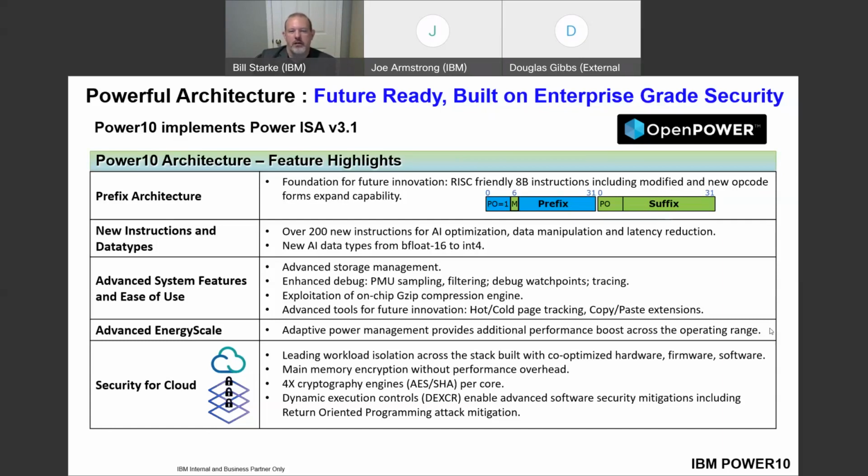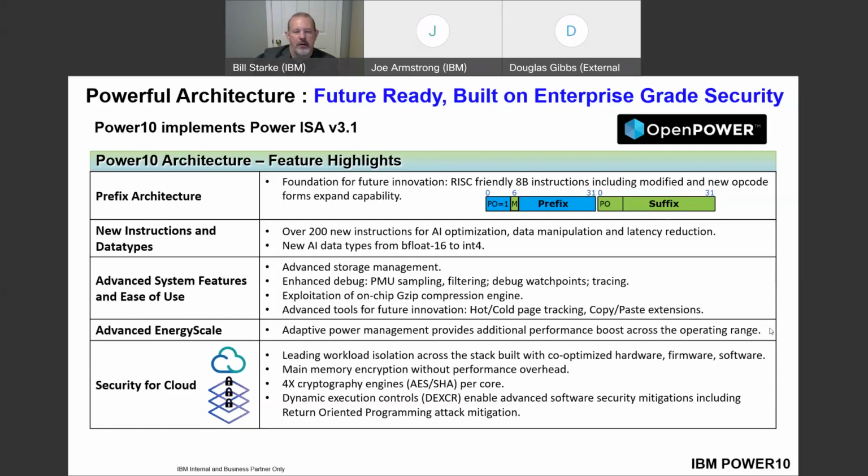So, working closely across the stack, through the chip, the system, up through PowerVM, we're able to do a lot with security. One of those things, which is primarily a hardware thing, is that we fully encrypt your data in memory. We're building that right into the read-write flows of the memory, so there's no performance overhead. It's just running right in line with the big data pipes going in and out of memory.